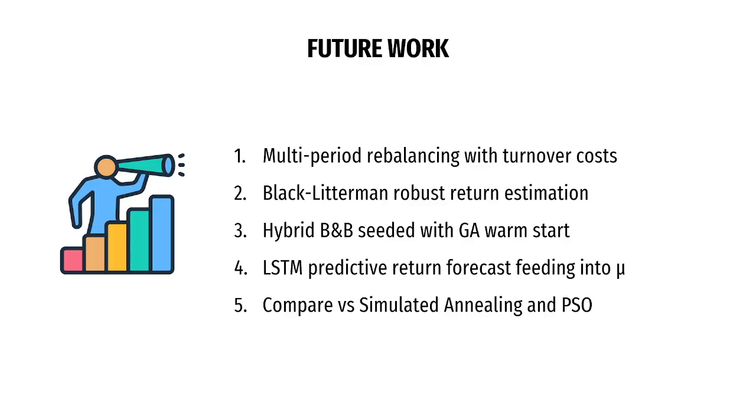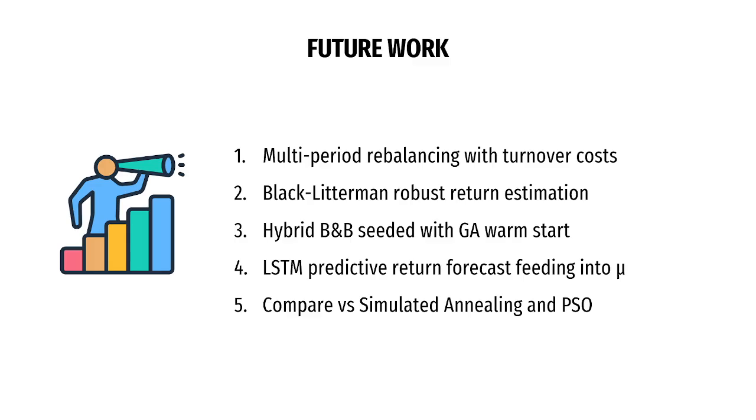In the future, we plan to work on, the most important aspect, multi-period rebalancing with turnover cost, optimizing not just the initial portfolio but also how it should be updated over time while minimizing the trade cost.